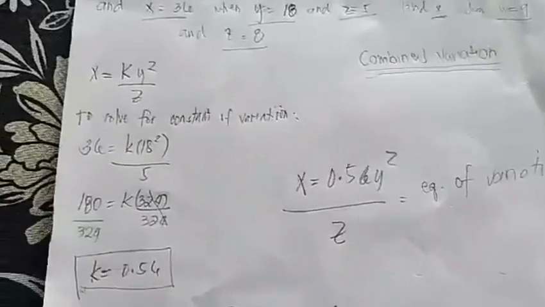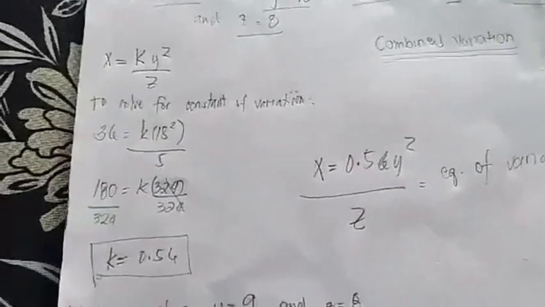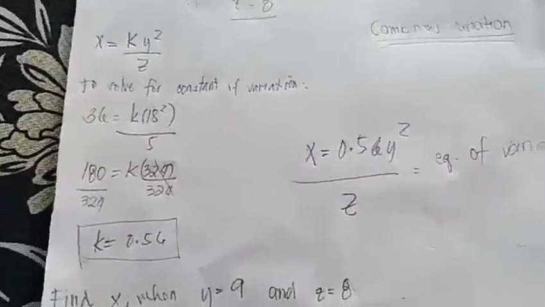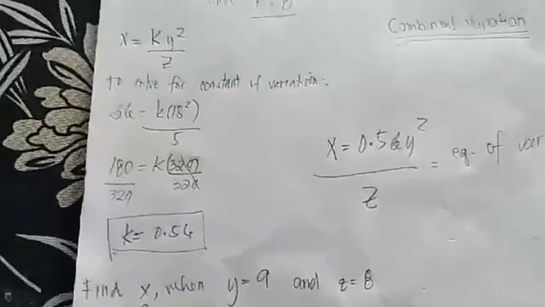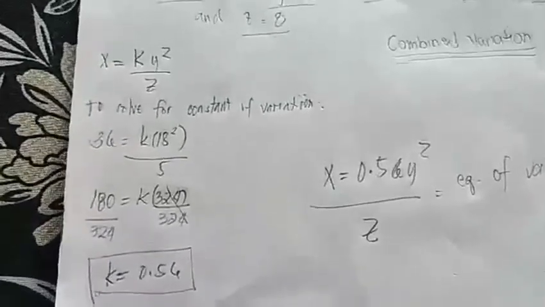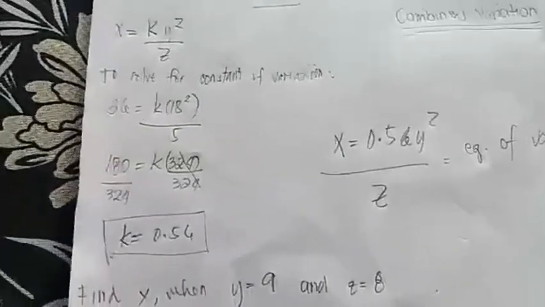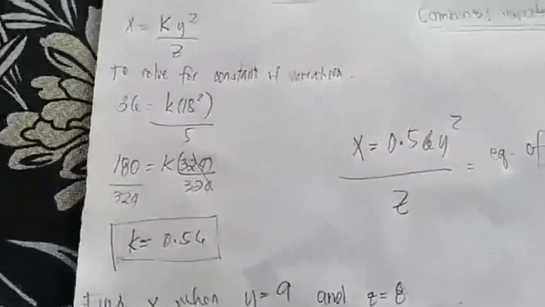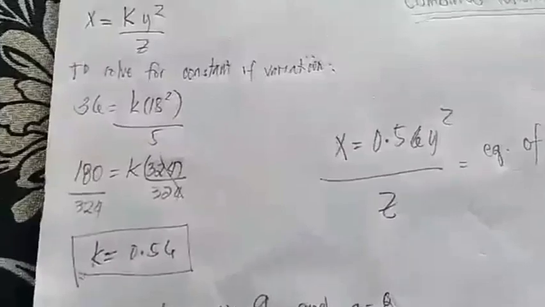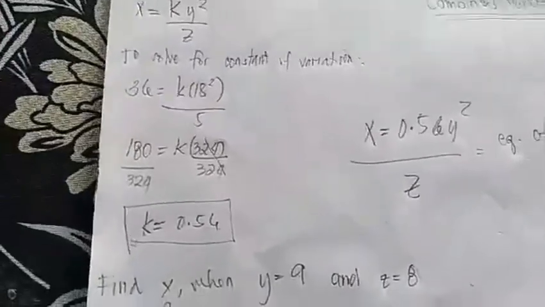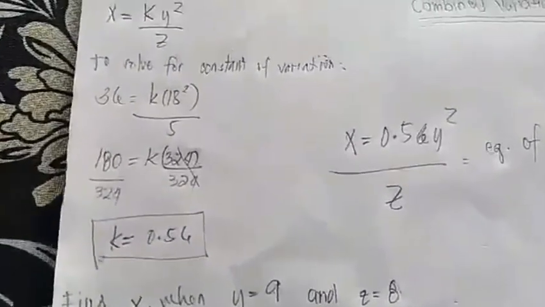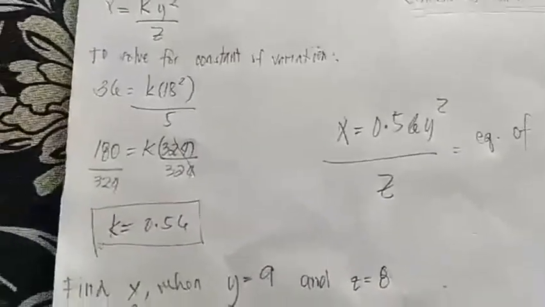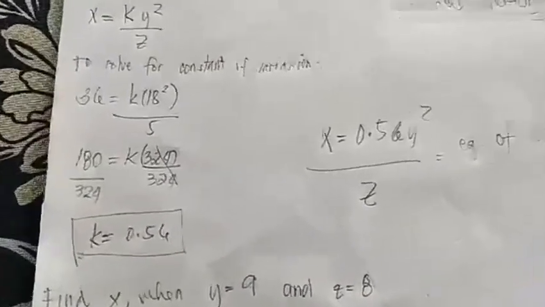To solve for the constant of variation, 36 is equal to k multiplied by 18 squared all over 5. After multiplying, it will be 180 is equal to k times 324, and 180 divided by 324, our k is 0.56.